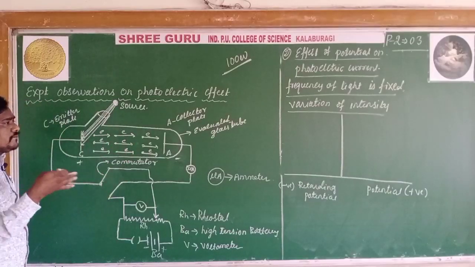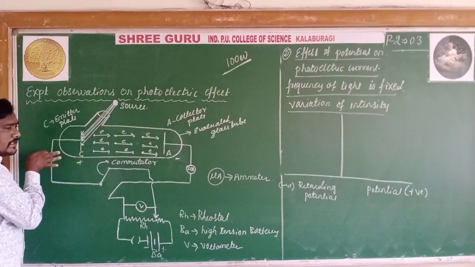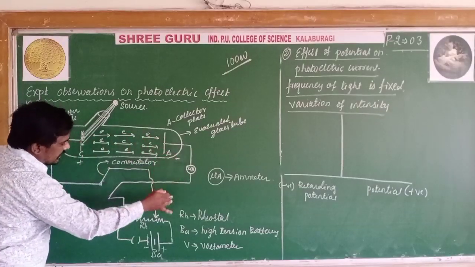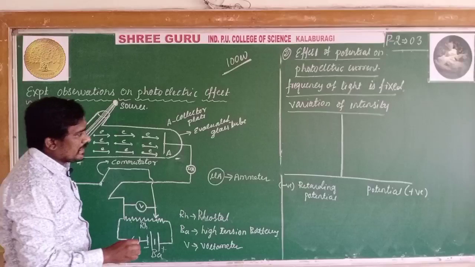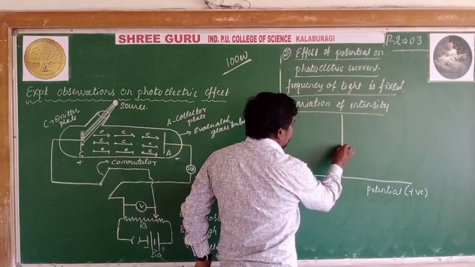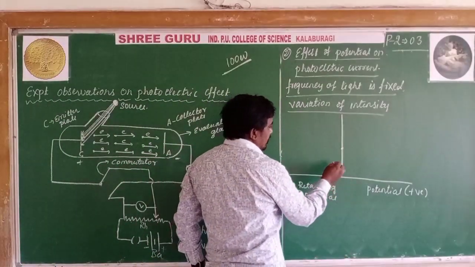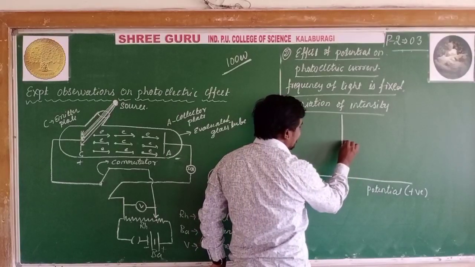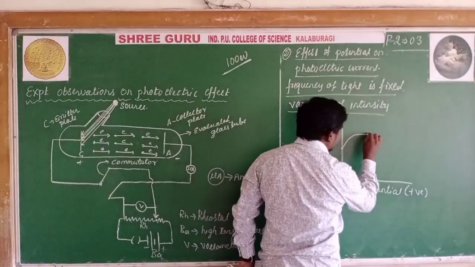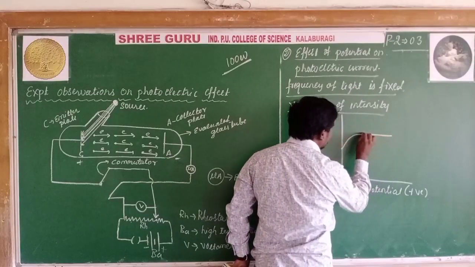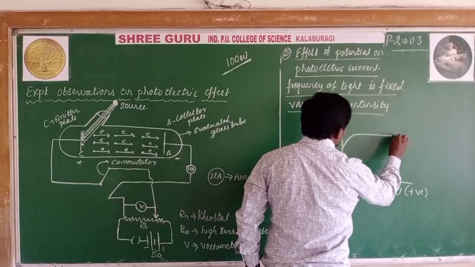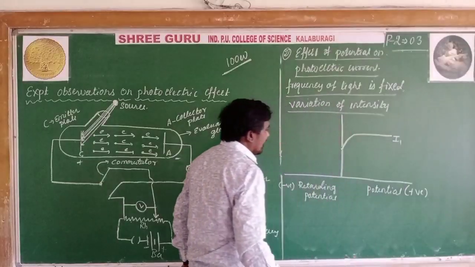Let us consider 50 electrons are ejecting from this cathode tube and constitute a current. Initially these electrodes have a certain potential and a certain current also, it increases, and at a particular point the current is going to saturate.